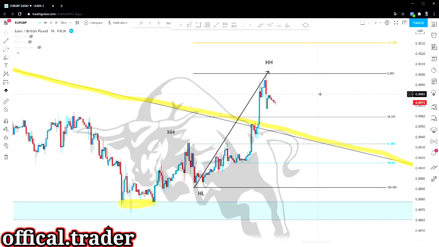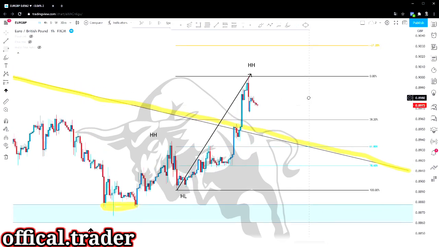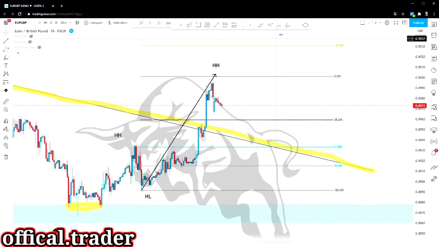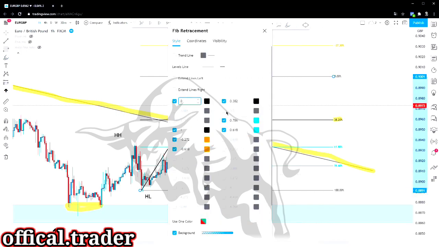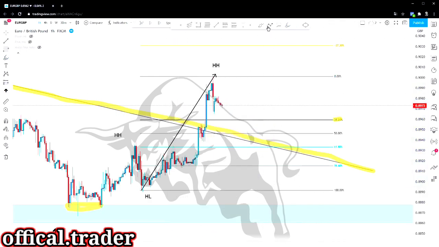Okay, so right now we need to identify what's going on. So as we can clearly see, we have the 38.2, 61.8 and 78.6 levels. So let's add the 50 level also. So what we've learned before, that we want to take the trades from 61.8 or the 78.6.